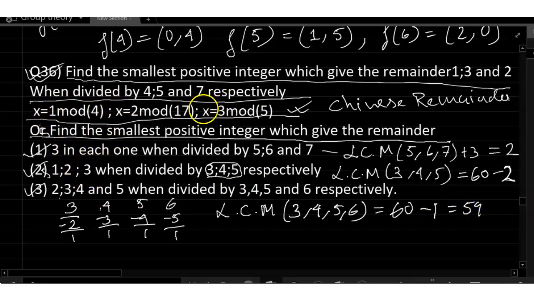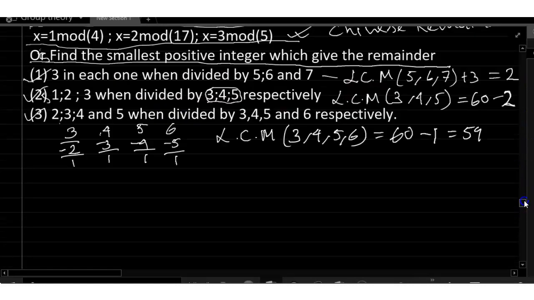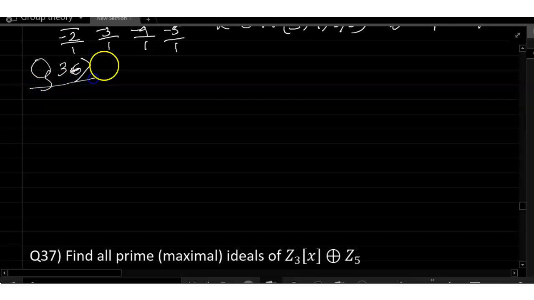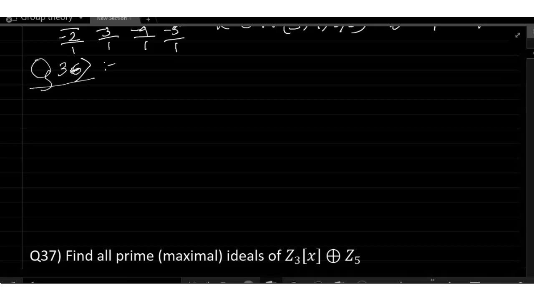Now I will solve the next problem. Next problem is question number 36, Chinese remainder theorem.